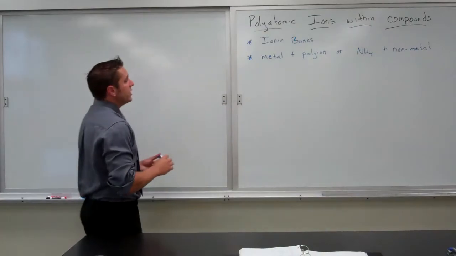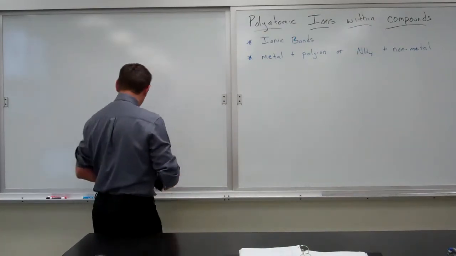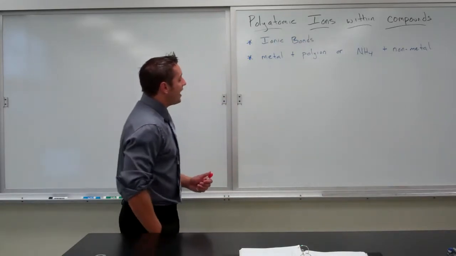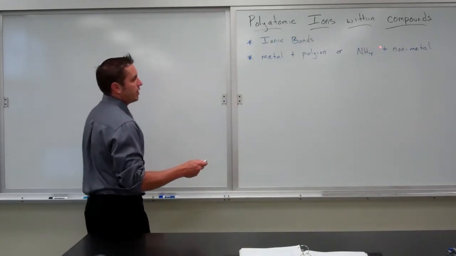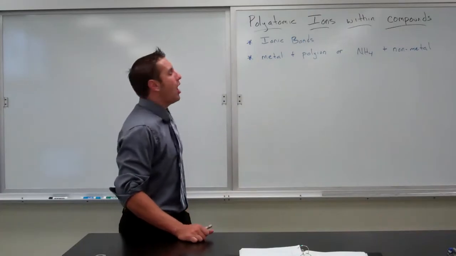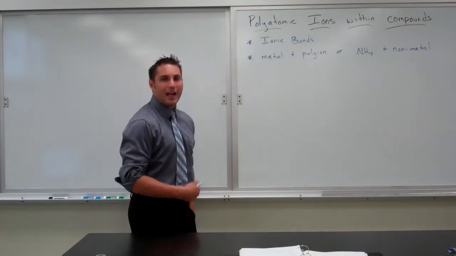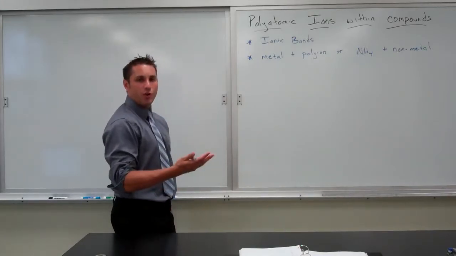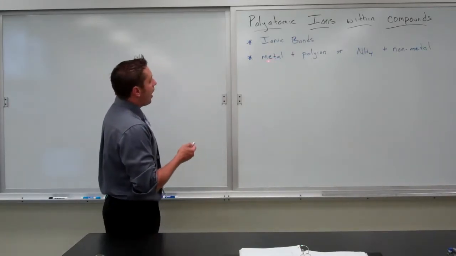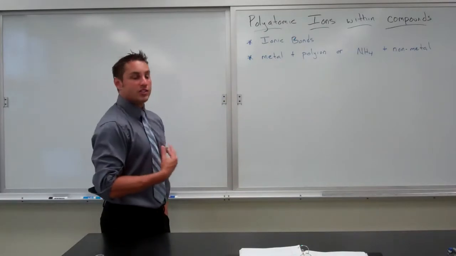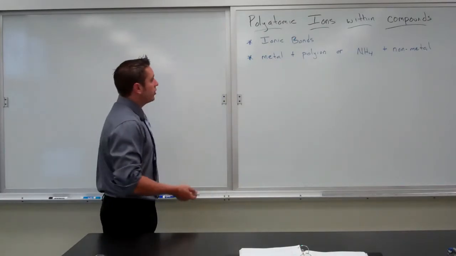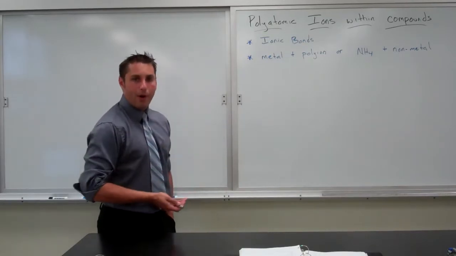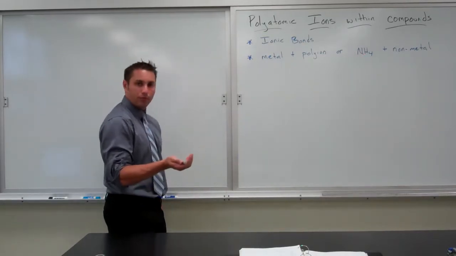The reason there's two scenarios and that exclusively you see NH4 appear is because NH4, ammonium, is one of the only positively charged polyatomic ions that there is, and we really focus in on that and not many of the others. Other than that, all of the polyions that we learn are negatively charged. So you'll have to put those with a metal, leading you to a metal with a polyion or NH4 with a nonmetal.